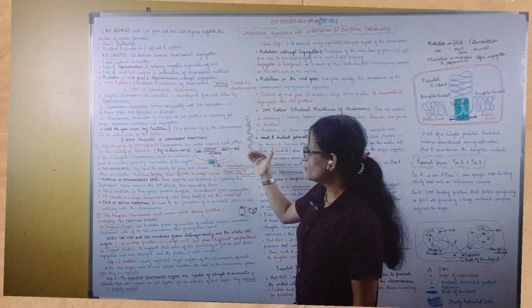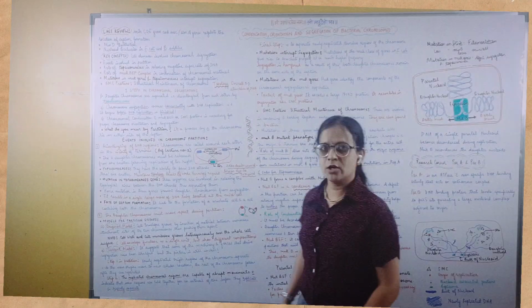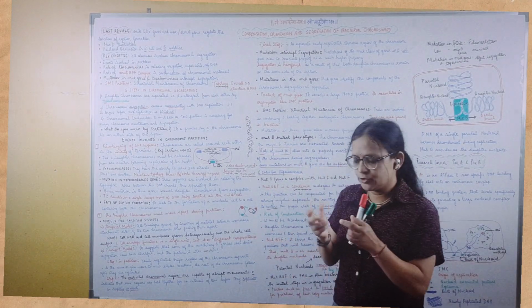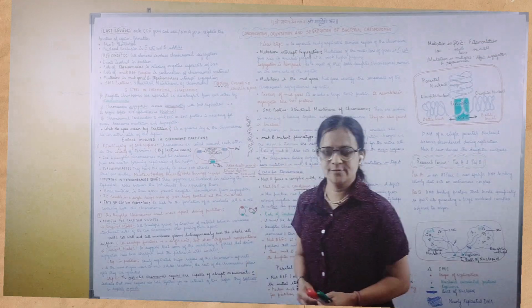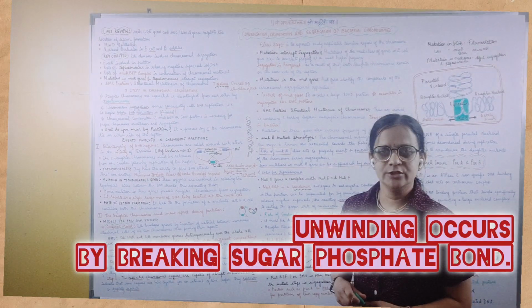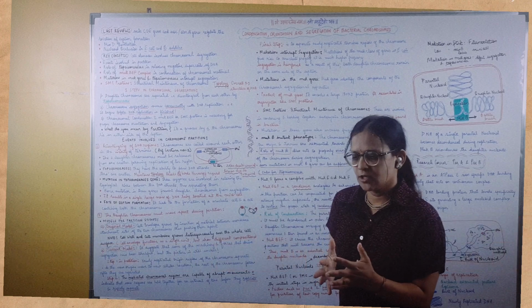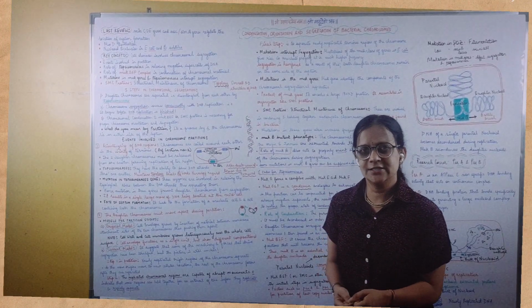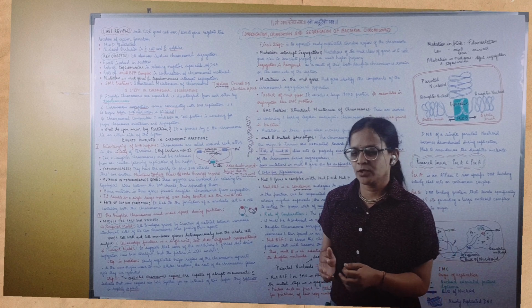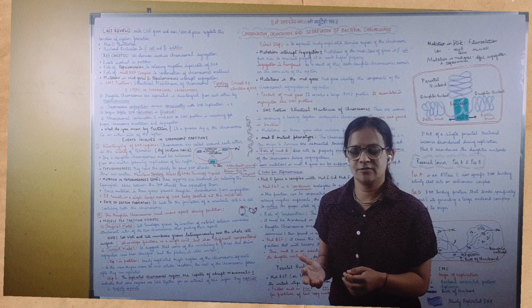So in case of topoisomerase, the sugar phosphate bond is broken in order to separate the two strands. Now there are two ways by which you can separate the two DNA strands. For the DNA replication process, you need the two DNA strands to be separated. Unless and until the two DNA strands are separated, DNA replication cannot start, right?